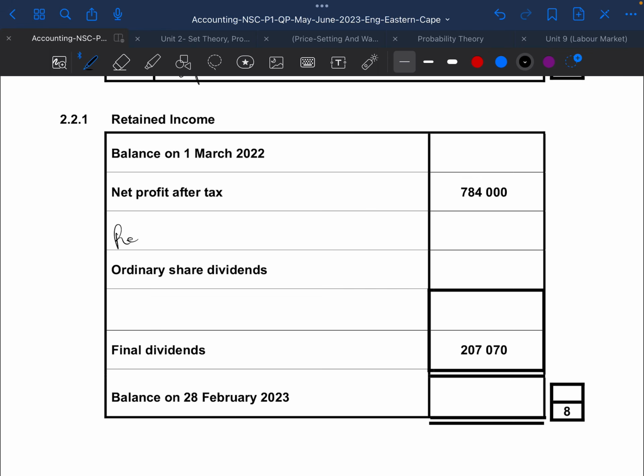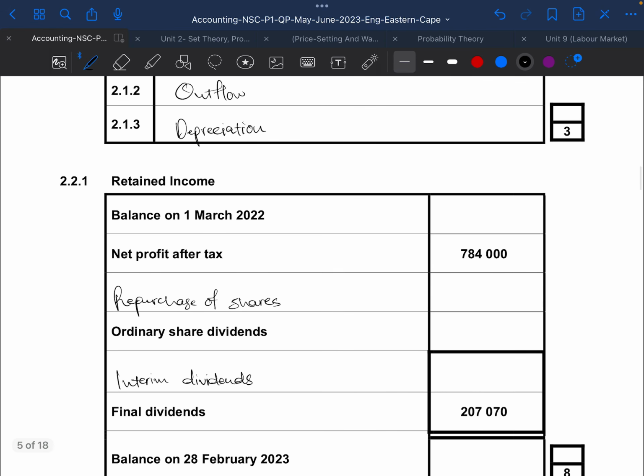So here you will have your repurchase of shares, and then as we continue here, one last item, we have our interim dividends. Okay, so now we definitely know what we need to look at. What kind of information do we want?